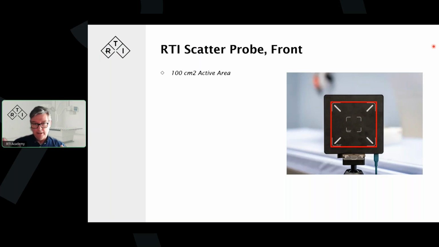It could be anything down to 5 by 20 centimeters according to the regulation, but we decided let's make it square. It's easy and it's fair, so we're using it at 10 by 10 centimeters. That's 100 square centimeters. There's a smaller area also, which is 10 square centimeters, which is used typically for barrier testing.